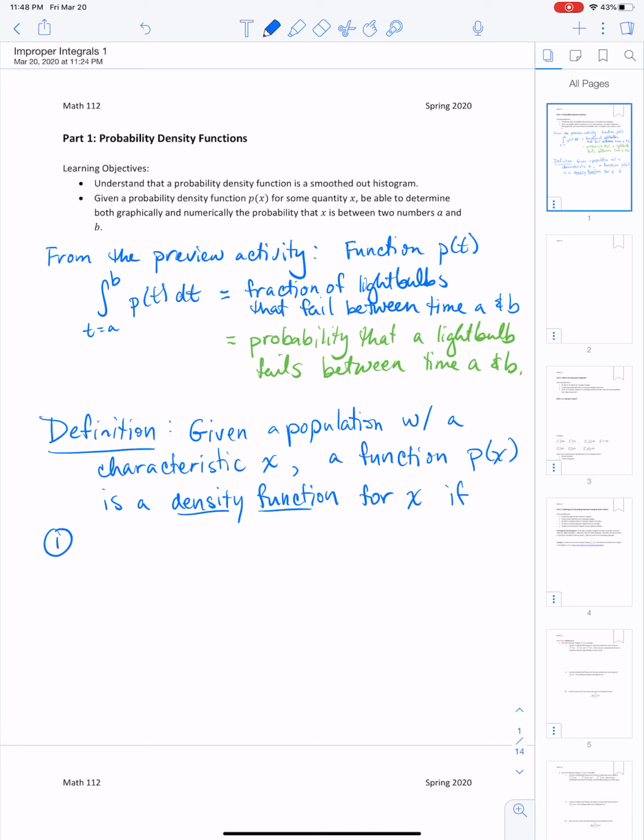So the first property is p of x has to be greater than or equal to 0 for all x.